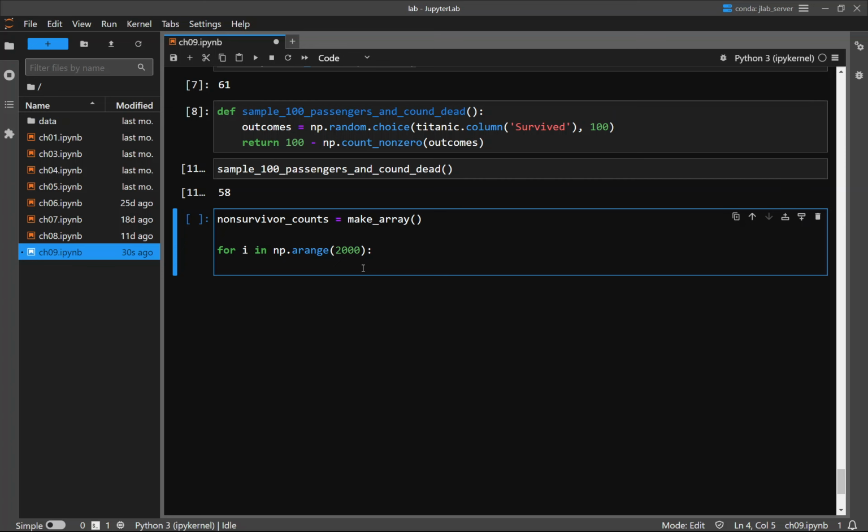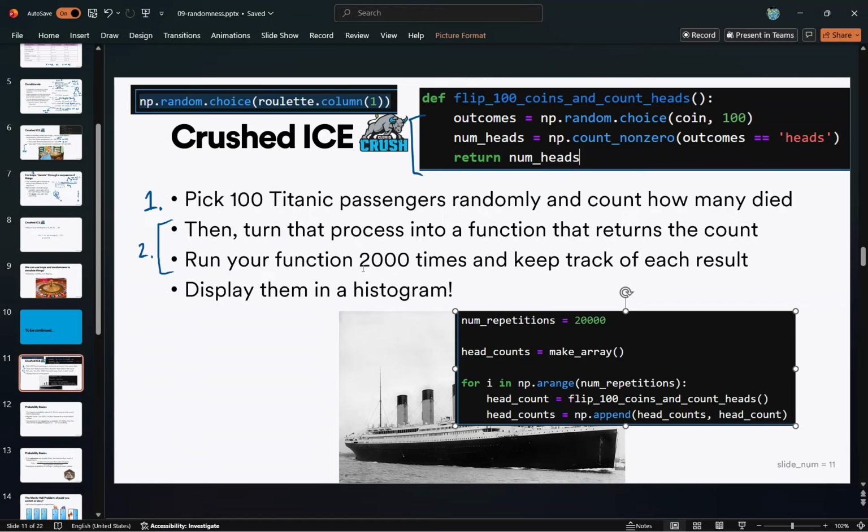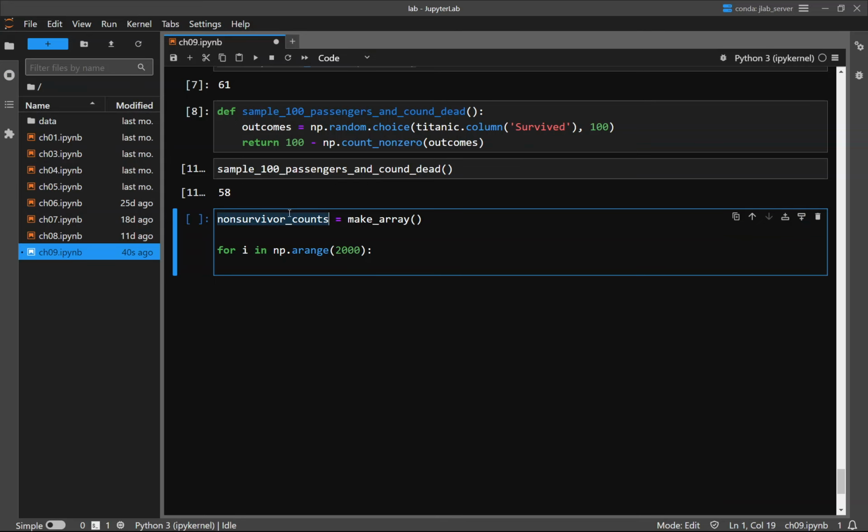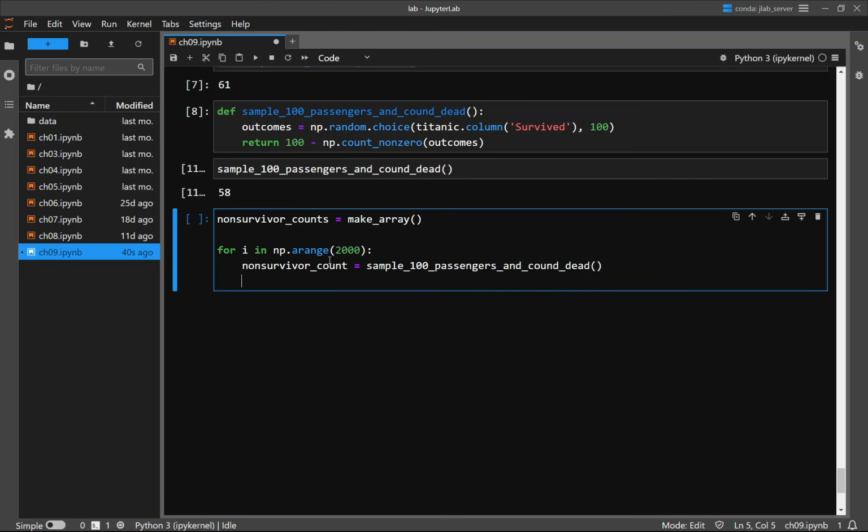I want to get a new value, just like I was doing here, instead of head count, I can call my function, I want a non-survivor count. So it's this, but singular. Call it, give me that value back, and then add it to non-survivor counts. So I want to append to it, np.append to non-survivor counts this new value that I got here.